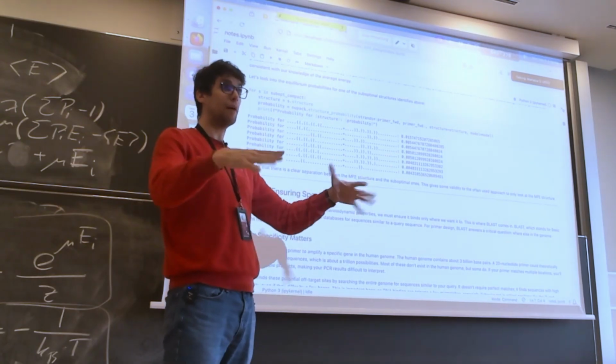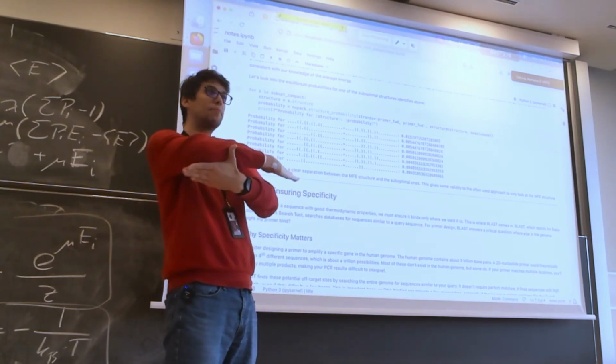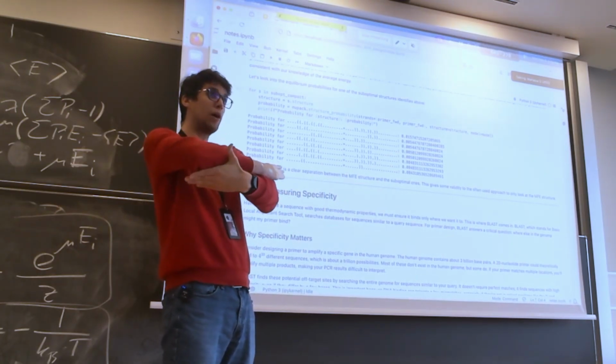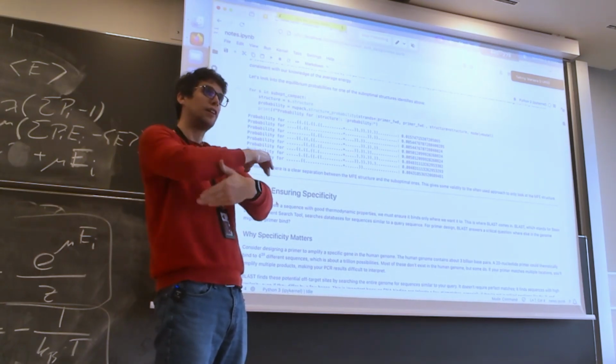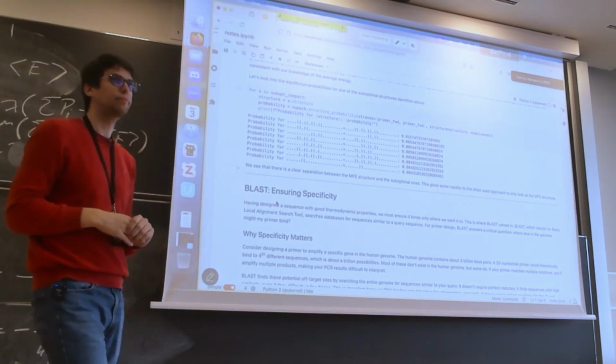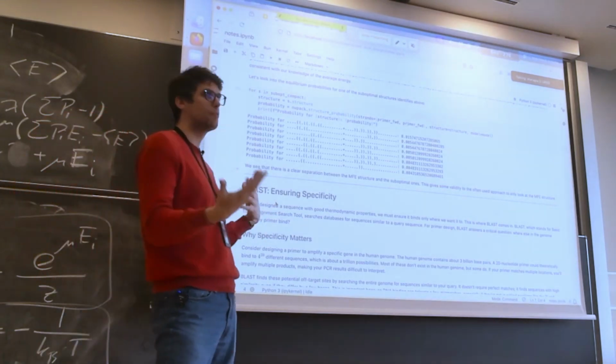If you have a perfectly matching DNA, it will bind the whole way most of the time, but it might also breathe sometimes. It's a game of probabilities.